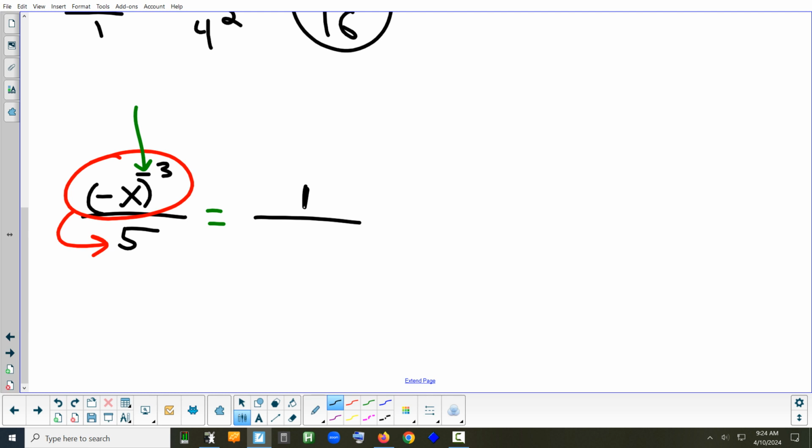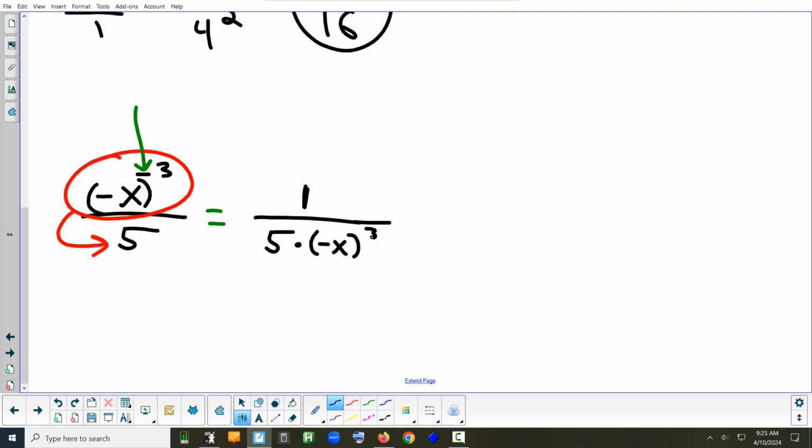So we need to put a 1. What was already in the bottom? 5. That's staying right where it is. And it's going to be 5 times. And what would go next to it if we move what's circled in red to the bottom? Parentheses, negative x, and parentheses to the power of 3. Perfect. That's exactly what would happen.